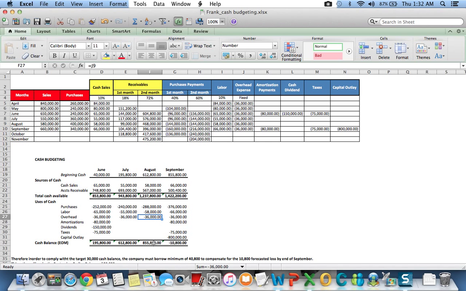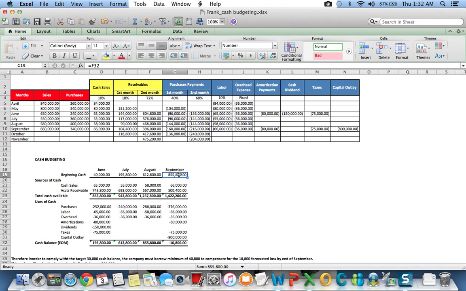If you deduct the total cash available less the uses of cash, it will have an ending cash balance of 855,800 to be forwarded as the beginning cash balance for the month of September.